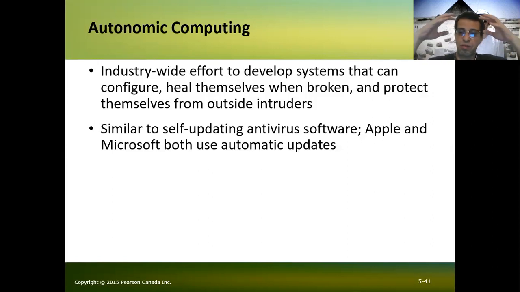They just give a few forms and then the machine will learn how to program and select a report, and then you adjust that report in order to get some kind of personalized report. It's similar to self-updating antivirus software, like Apple and Microsoft, which both use automatic updates.